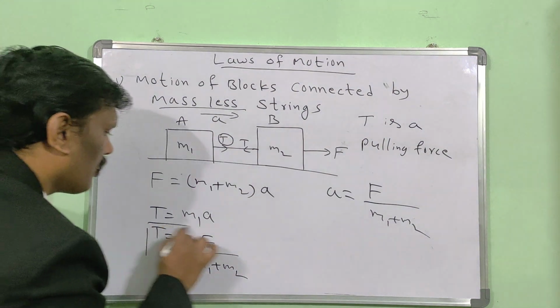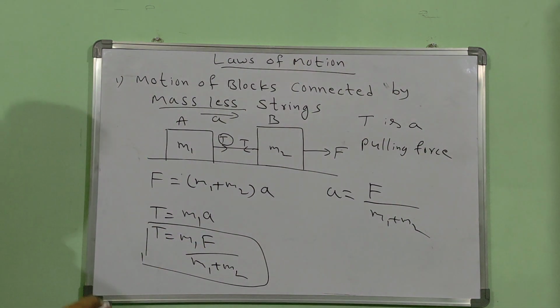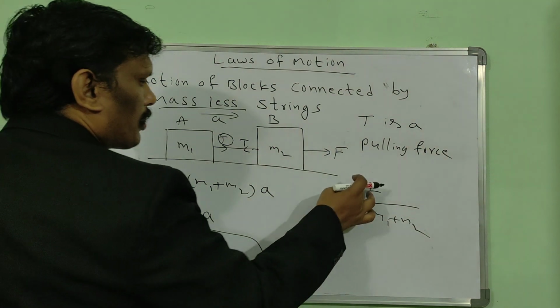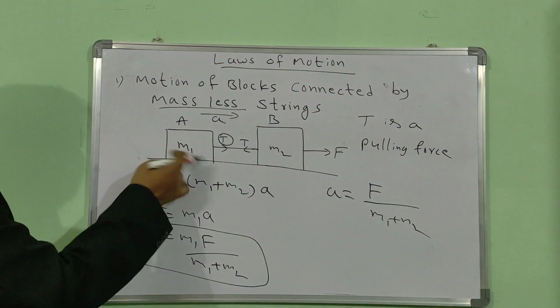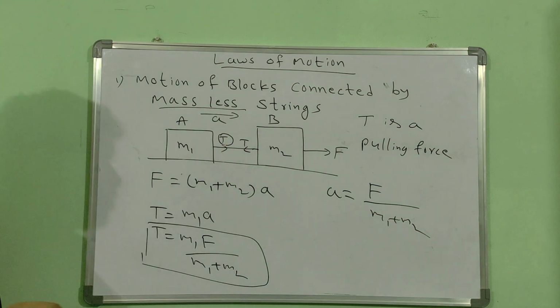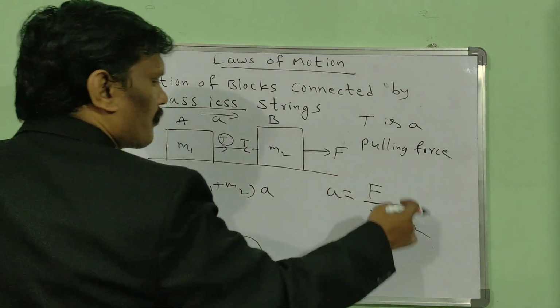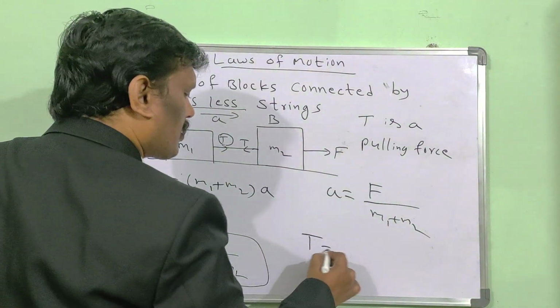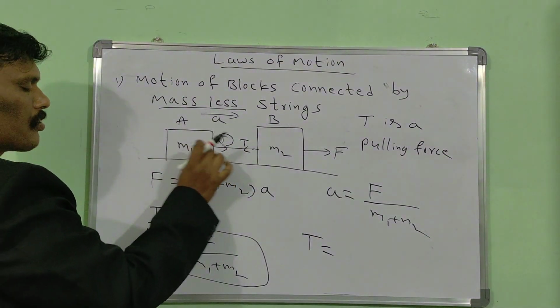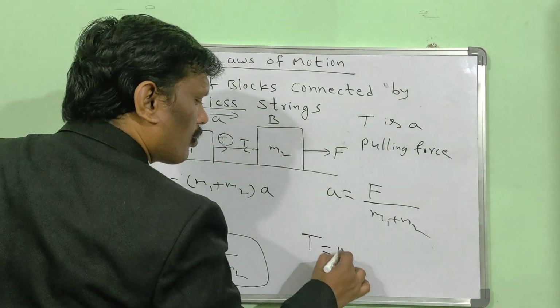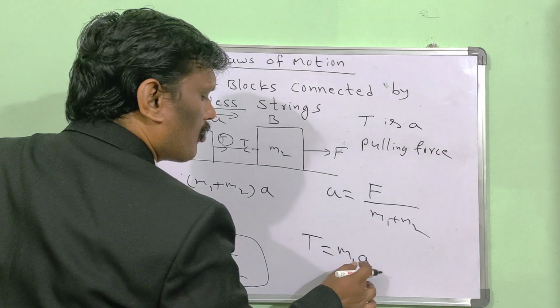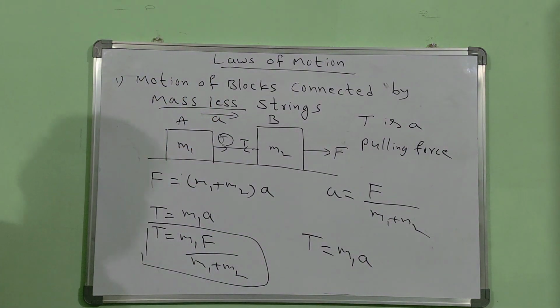This is the tension formula. Tension T pulls only M1, so M1 into the acceleration value will give the tension in the string. This is one of the cases. We will see the next case now.